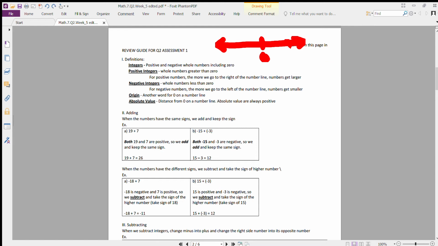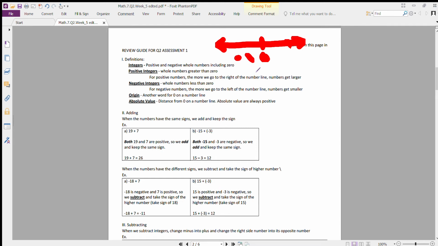Now, negative numbers, on the other hand, are less than 0. That means they're on the left side of 0. For negative numbers, the more we go to the left, the smaller it gets. Now think to yourself, what number are we going to start with when we go from 0 to the left? It's going to be negative 1.